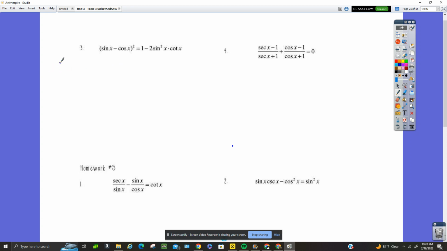Starting on the right here, this actually means sine x minus cosine x times sine x minus cosine x equals this side here.